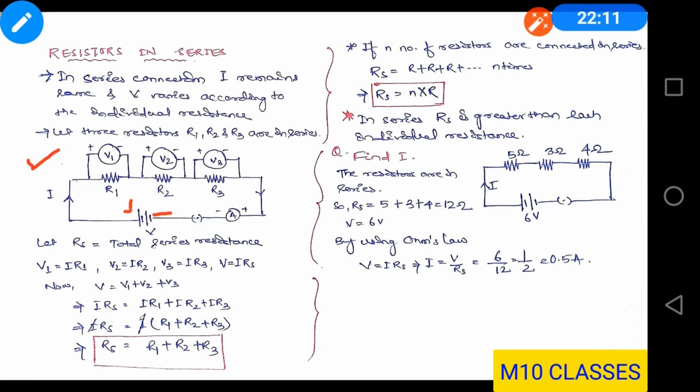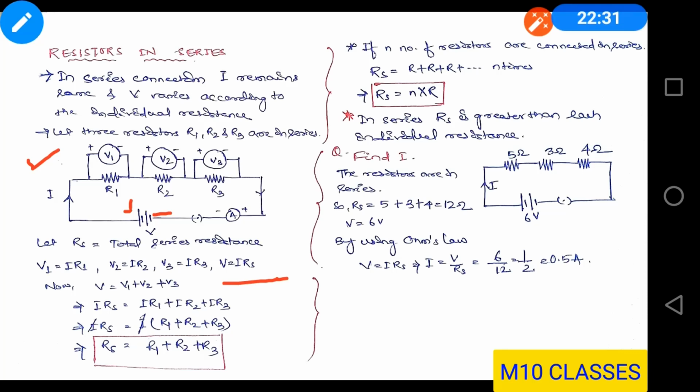By using Ohm's law, V1 equals I into R1 as the current remains the same. V2 equals I into R2, V3 equals I into R3, and let us consider the total equivalent series resistance is Rs. So V equals I Rs.